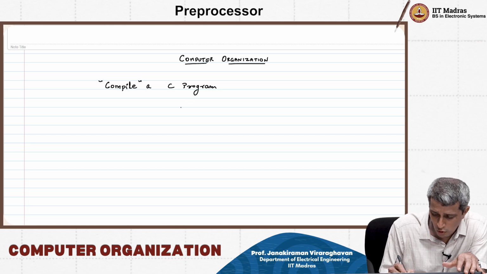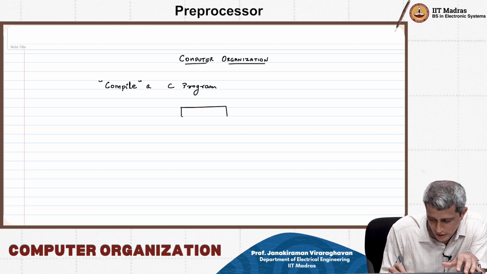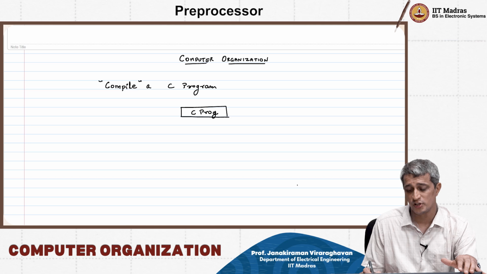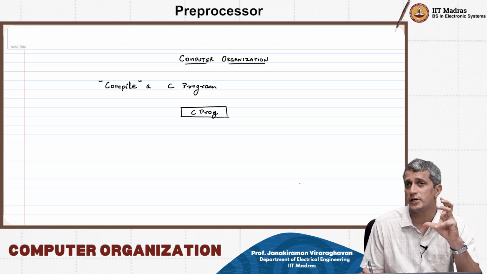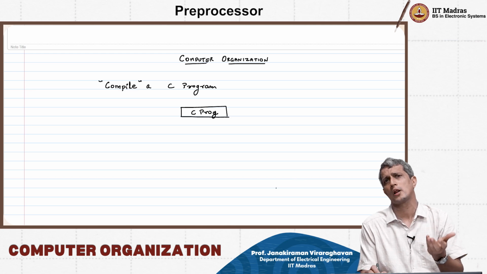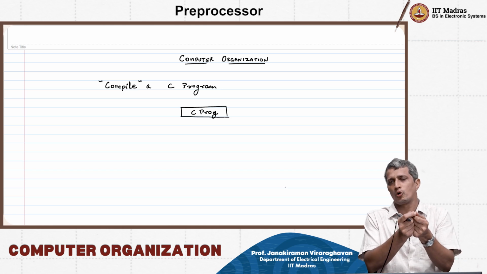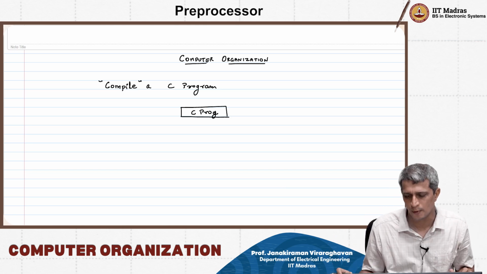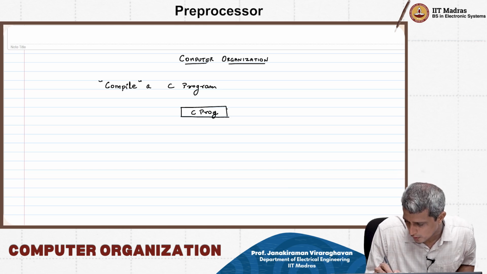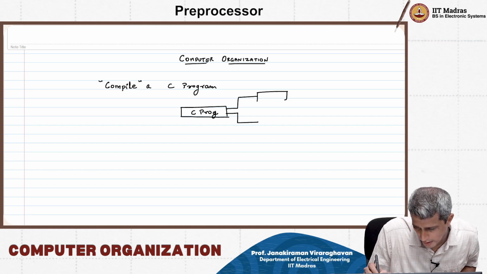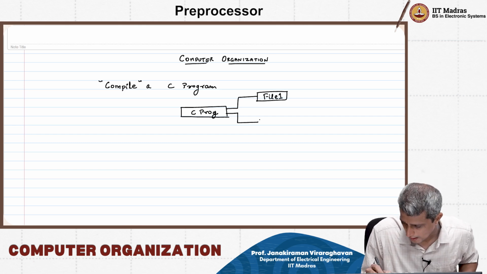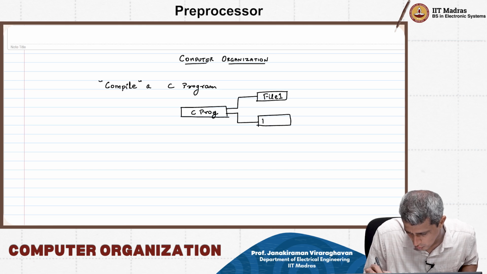So what you basically have is a C program. Till now we have been dealing with very simple programs, but I'm sure at some point you would have written more complex C programs that span multiple files. Therefore, this C program is going to be written across files: file 1 and file 2.